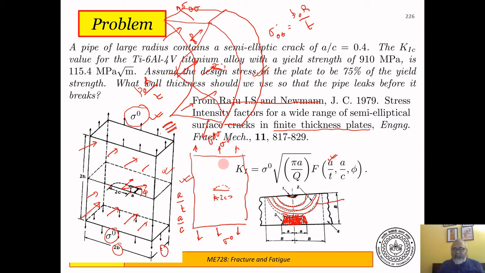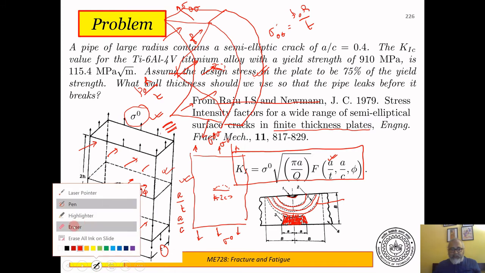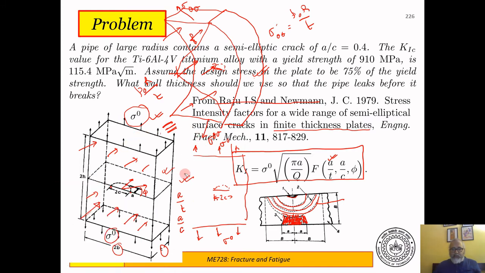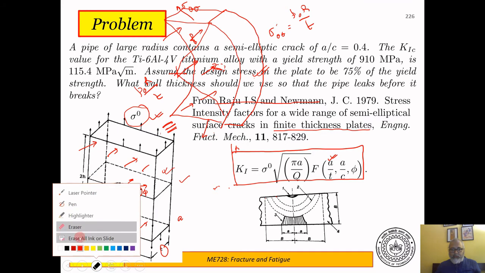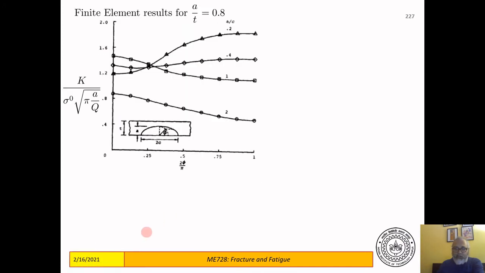For the flat plate, this is the stress intensity factor that is given. Now, this stress intensity factor is given in terms of sigma naught.